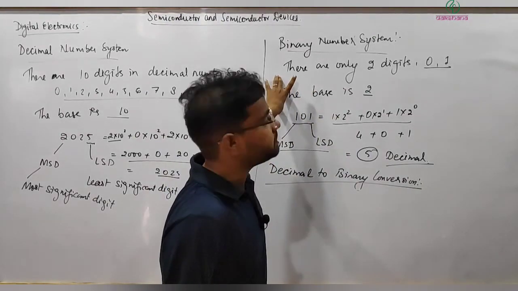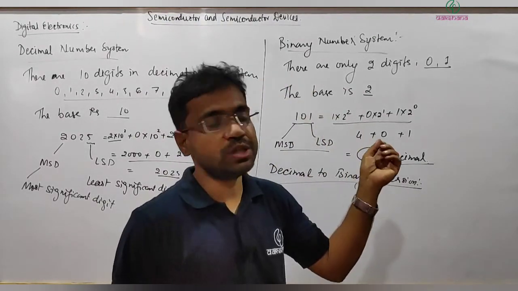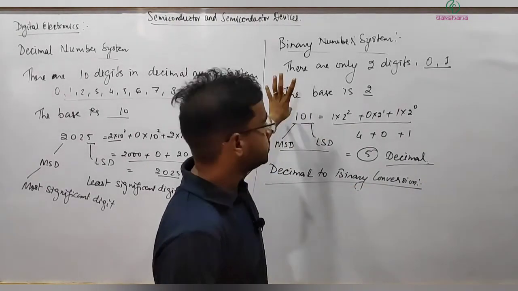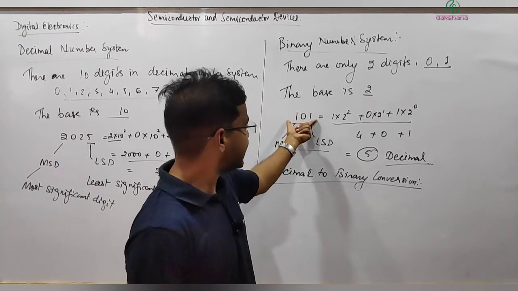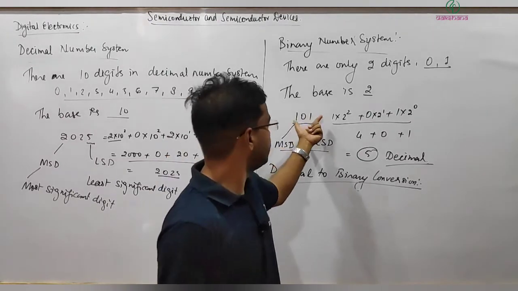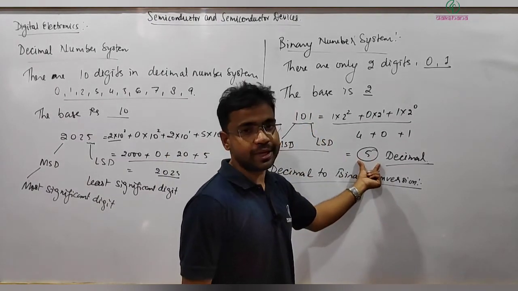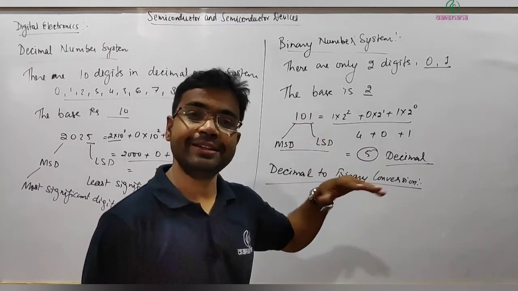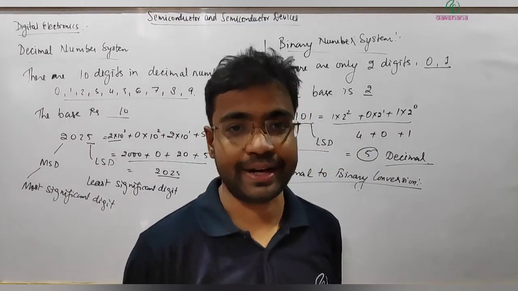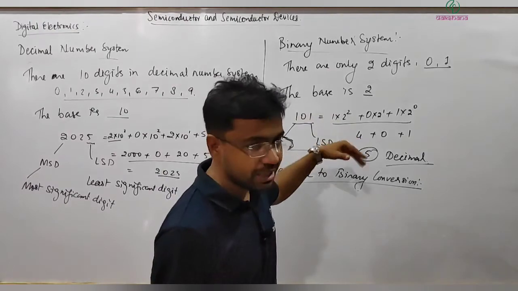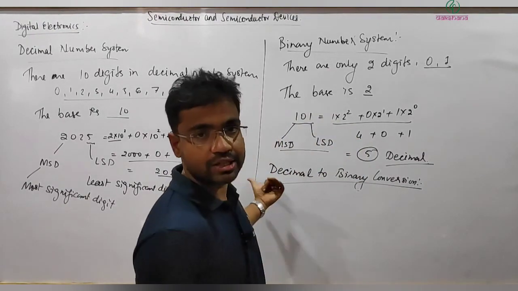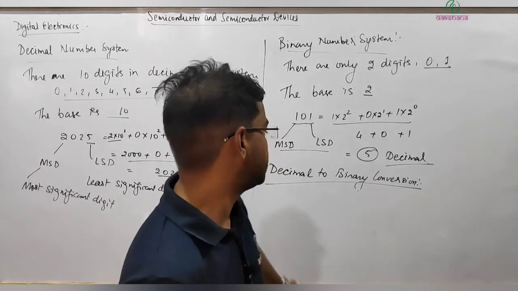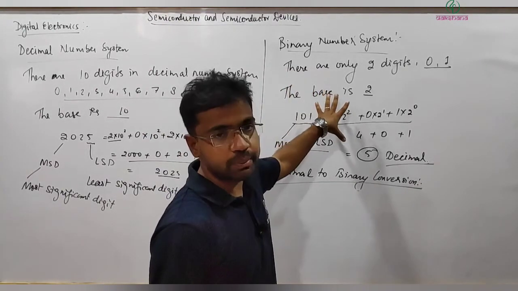This system is the binary number system, there are only 2 digits, 0 and 1, and it's different. So this is actually equal to 5. So 5 in decimal is written this way, 5 in the binary number system is written this way. Here multiplication and division operations are also different. Here we normally do not do such operations, things are different, so we will see a little bit about them also. So this is simply a binary number system.